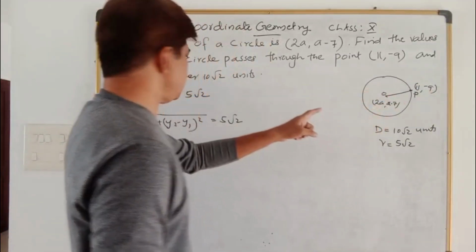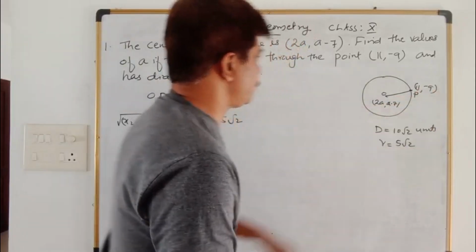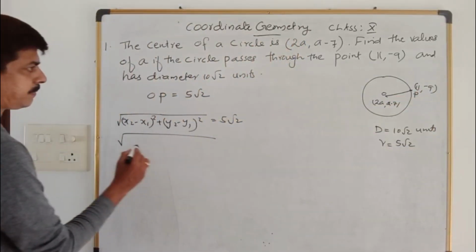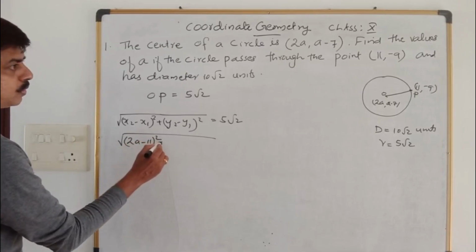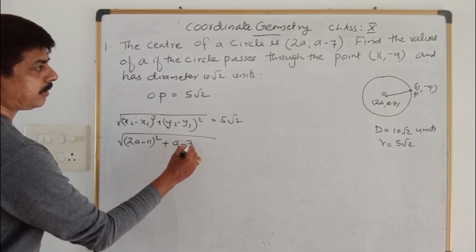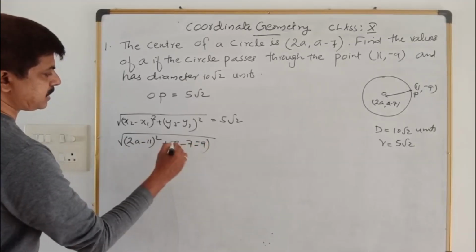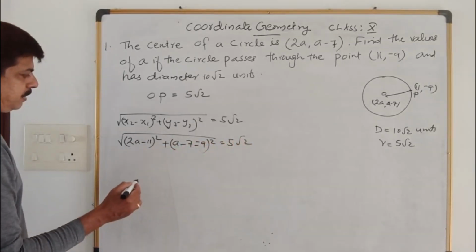So square root of (2a minus 11) whole square plus (a minus 7 minus negative 9) whole square is equal to 5 root 2.